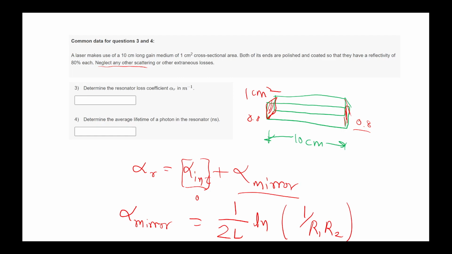Now you have everything. The length is given already, L, and the reflectivities R1 and R2 are both given. Just calculate once. What could be the answer for this?